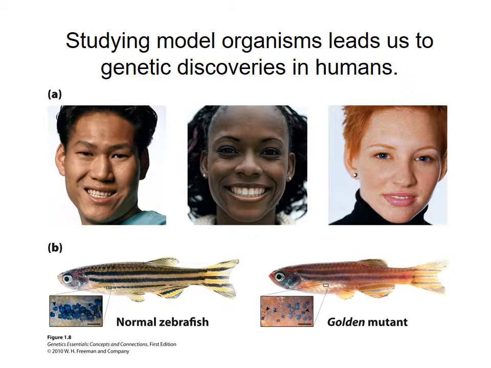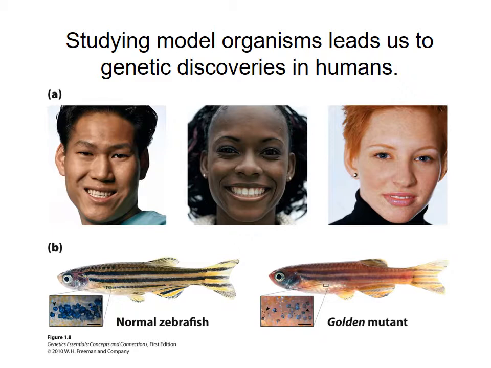So pigments are usually a combination of several pigments to give you different shades and different levels of orange, brown, black are typically your mixtures that you have. And so normal zebrafish have normal alleles for the gene for that pigment, where the golden mutant is the same gene, but with a mutation in it, and it gives you this golden color.